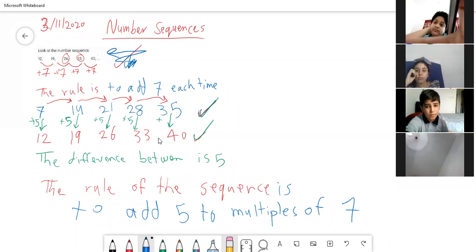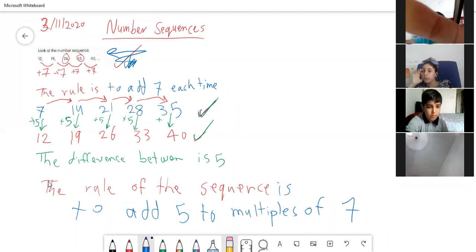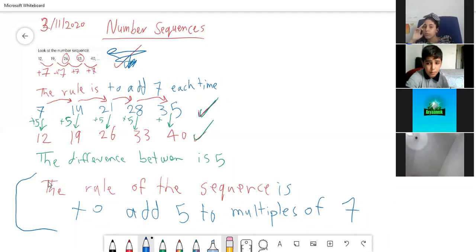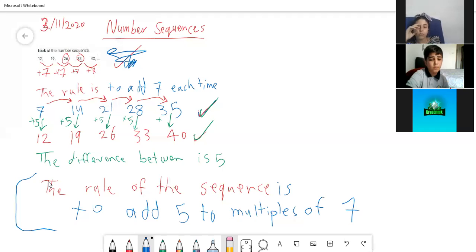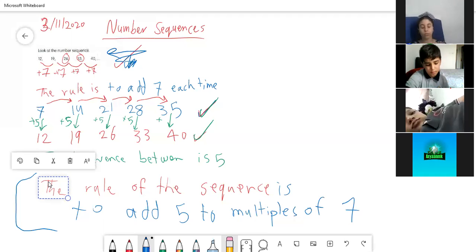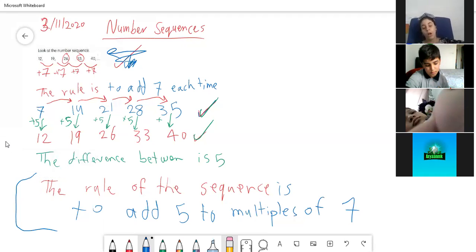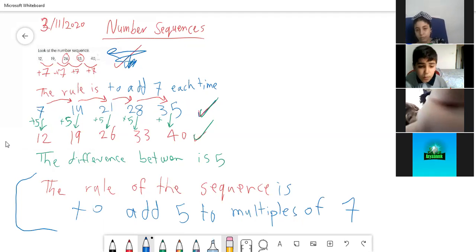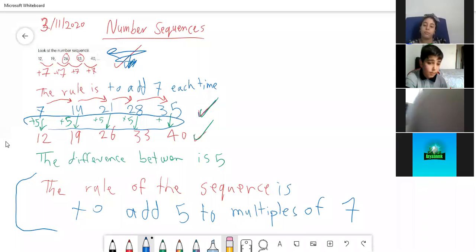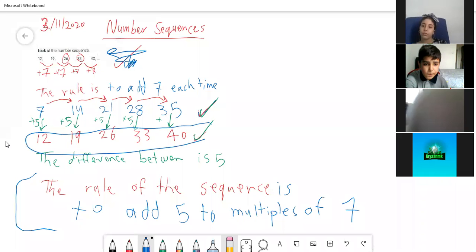So we can describe the rule of this sequence as follows. The rule of the sequence is to add 5 to multiples of 7. Where are the multiples of 7? These are the multiples of 7. So adding 5 to all the multiples of 7, we got a new sequence, which is this sequence.